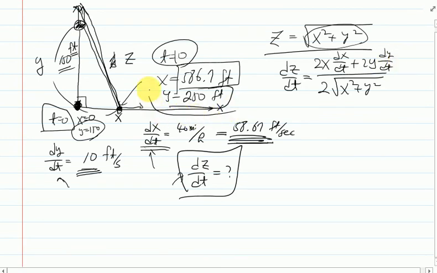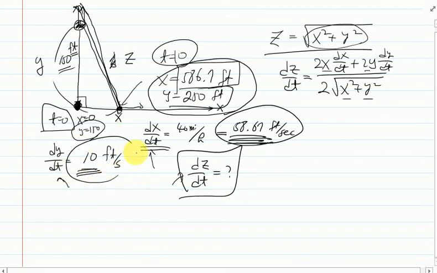So we have to put in these x and y values, and we know what dx/dt and dy/dt are. We must substitute that information, and that's what we are looking for.